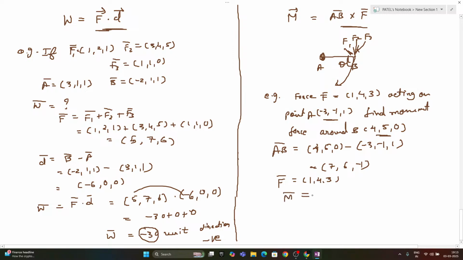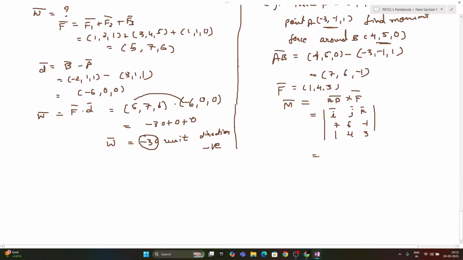So for that moment of force, it is AB cross F. So i, j, k. What is your AB? AB is 7, 6, minus 1. And your F bar is 1 4 3. For that solution, directly I'm going: 6 threes are 18 plus 4 because we have 2 minus here.